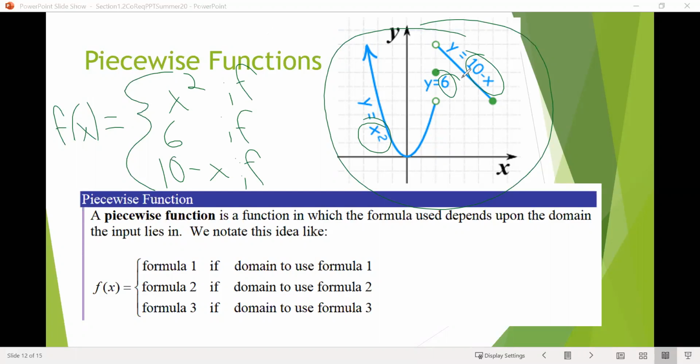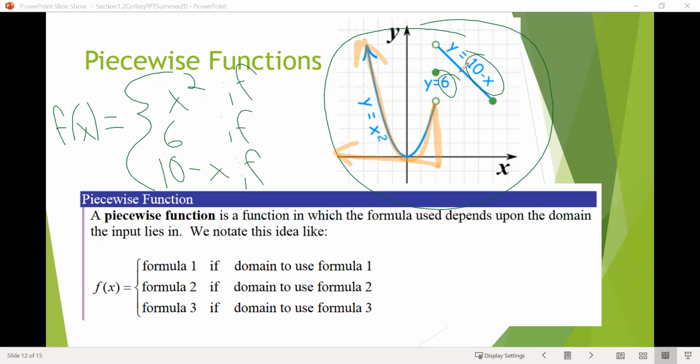Okay, so for f of x equals x squared, what values of the domain are we going to use that formula for? Well, notice that part of the graph starts right here at a value of, say, 2. And then it goes to the left, and there's an arrow showing that it continues on. So it looks like it continues along this horizontal axis forever, as we see that arrow. So what would that mean?